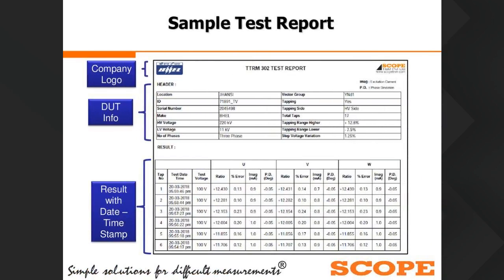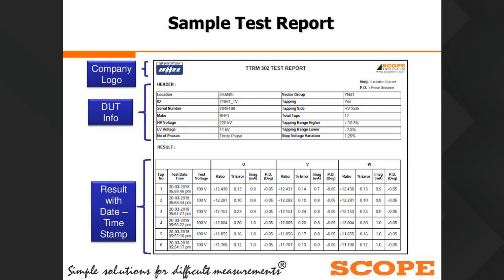If we create a report through the software, through the PC, we will get a report like this. We can add a logo also. In the front we will get the TTRM 30 test report.